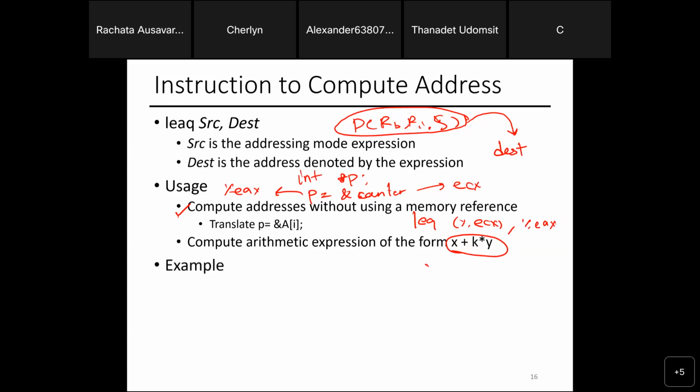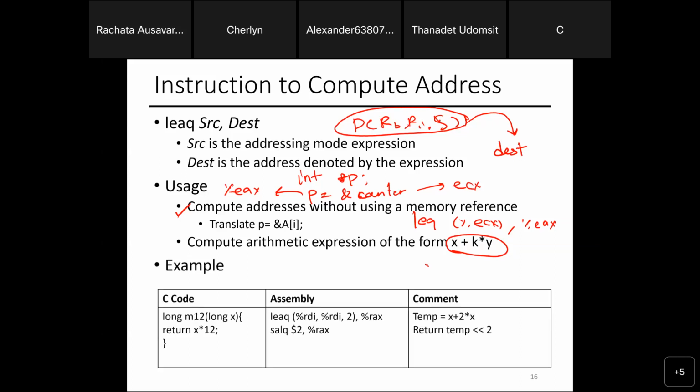The way you can do this is, let's say I have to do x multiplied by 12. And again, multiply is expensive. We want to avoid this. The way I can avoid this from the compiler point of view is, let's say x is in RDI.